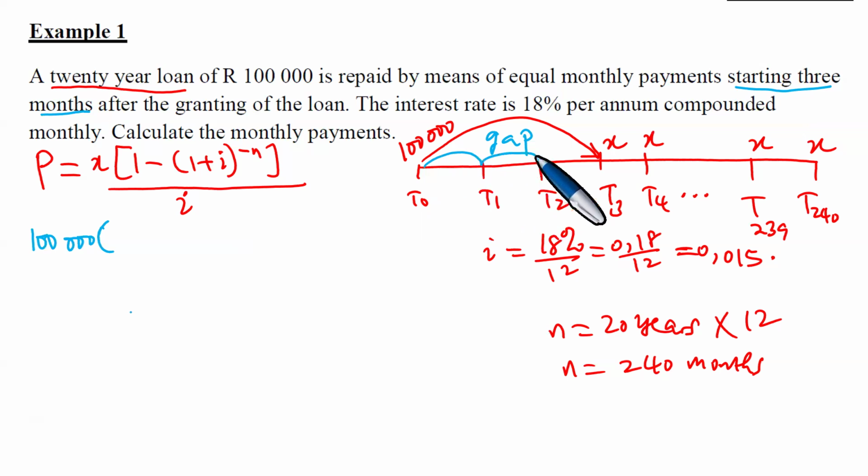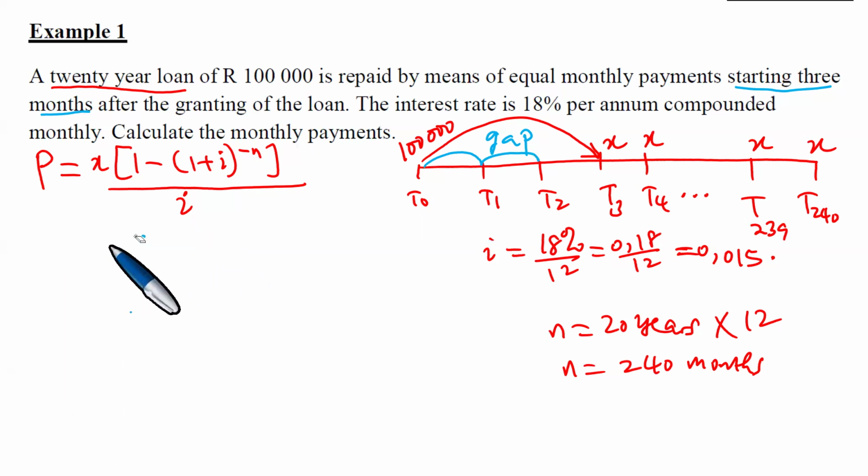And by the time it gets here, we shall be having 1 month, 1 month, 1 month, 1 month. Which means that here we're going to use 1 plus 0.015 to the power of 2.